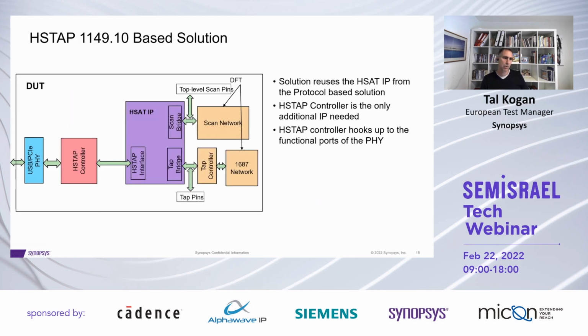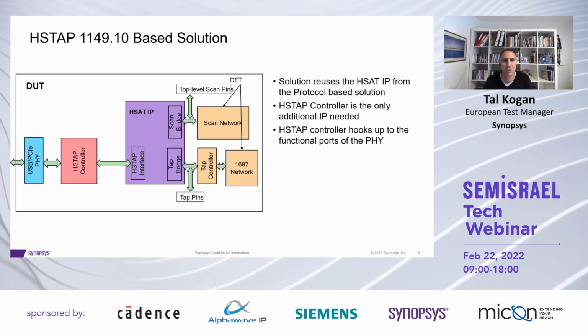Now, another possible configuration that I'm showing here, again, this is the DUT part, would be to use the same functional PHY that I mentioned before, only this time without using the functional protocol. So what does it mean? It means that data is no longer translated into data packets of your functional interface, but rather your functional PHY actually runs the 1149.1 protocol.